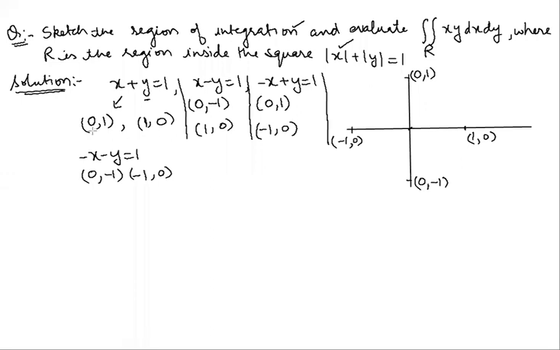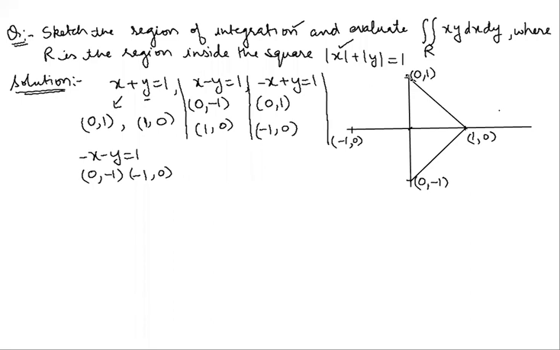Let us see. The first line is 0, 1 and 1, 0, joining these 2 points. Second line is 0, -1 and 1, 0. This 1, 0 and 0, -1. Okay, this is second line. Third line is 0, 1, means this one, and -1, 0.